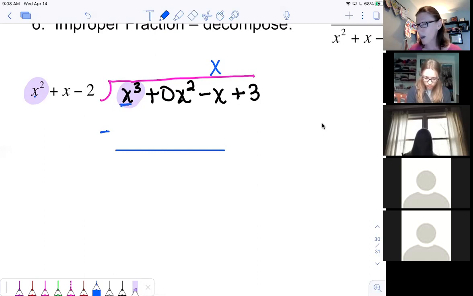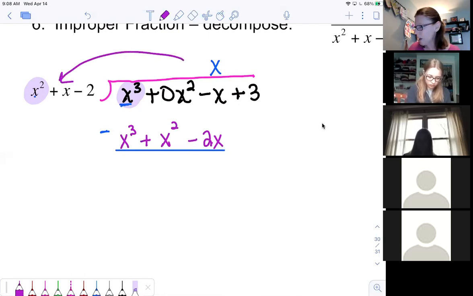And then you take the x on the top and you multiply it by each one of those terms. So x cubed plus x squared minus 2x. So x needs to multiply by the entire quantity, x squared plus x minus 2.